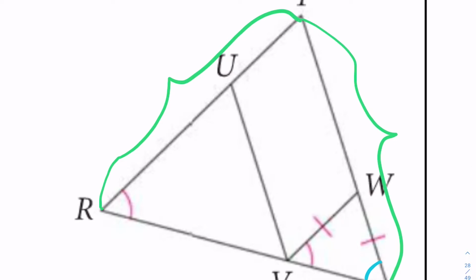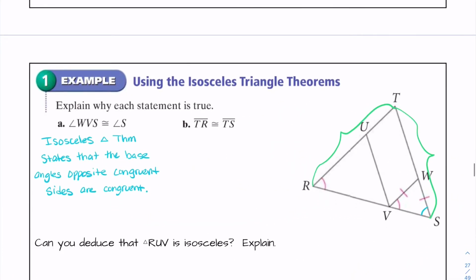Angle R is congruent to angle S. So this is the whole side that's opposite. So not only is WV opposite in this triangle, but take a look at the big triangle. R is here. So RTS is that whole big triangle. And angle S, TR is that whole big triangle. So these are the isosceles, the converse.